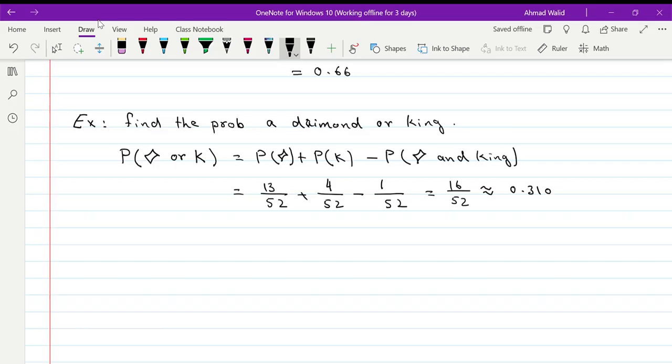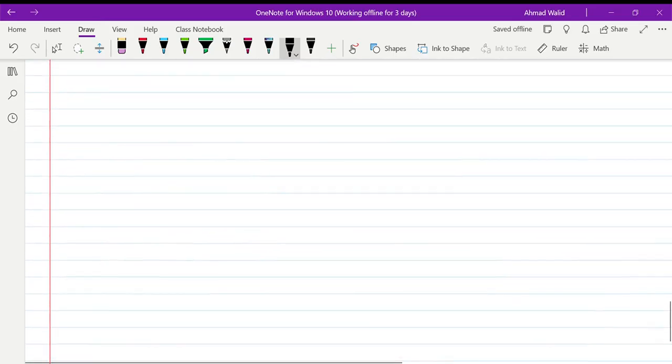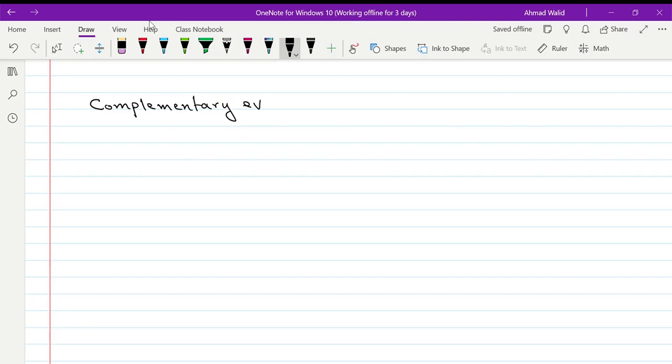Now, one more short topic here that we will discuss. Then we are done with section 4.3. Let's discuss complementary events. We already know the formula for complementary events, correct?